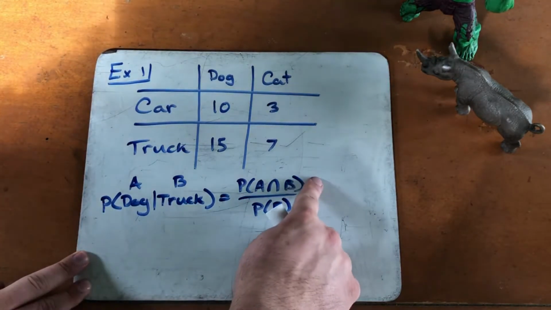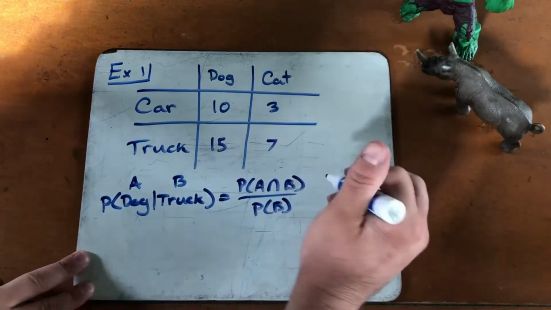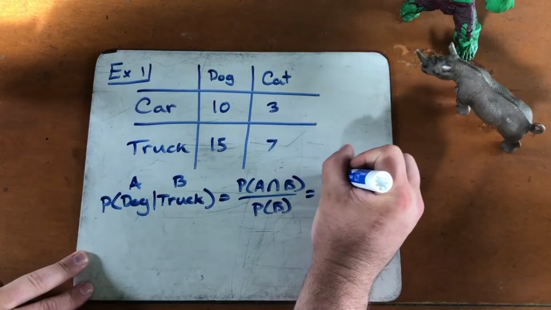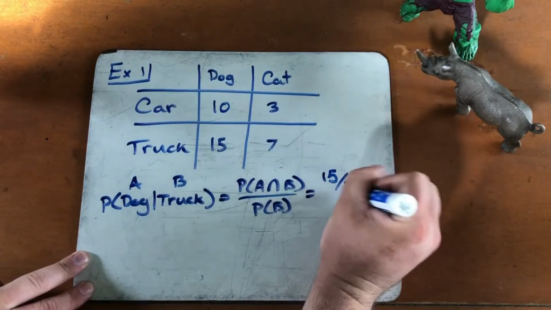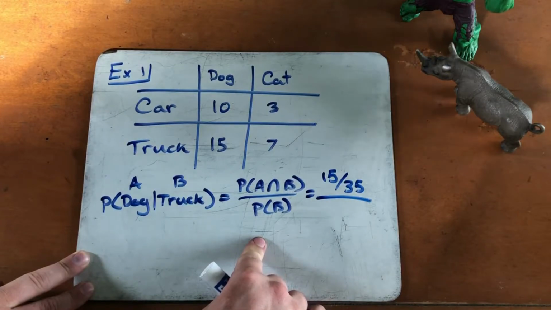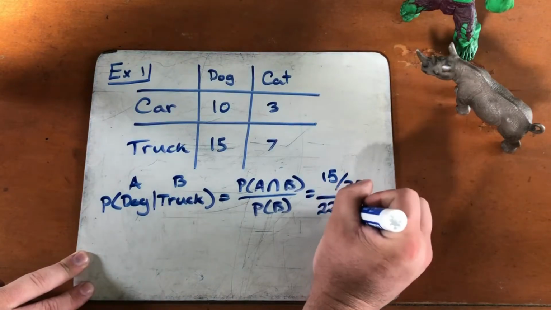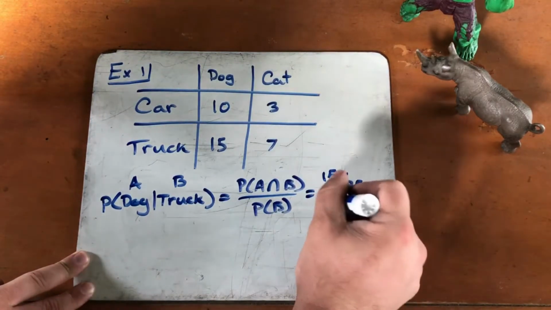The probability that someone owns a truck and a dog is 15 out of 35. So we have 15 out of 35 over just the probability that someone owns a truck, which is 22 out of 35.